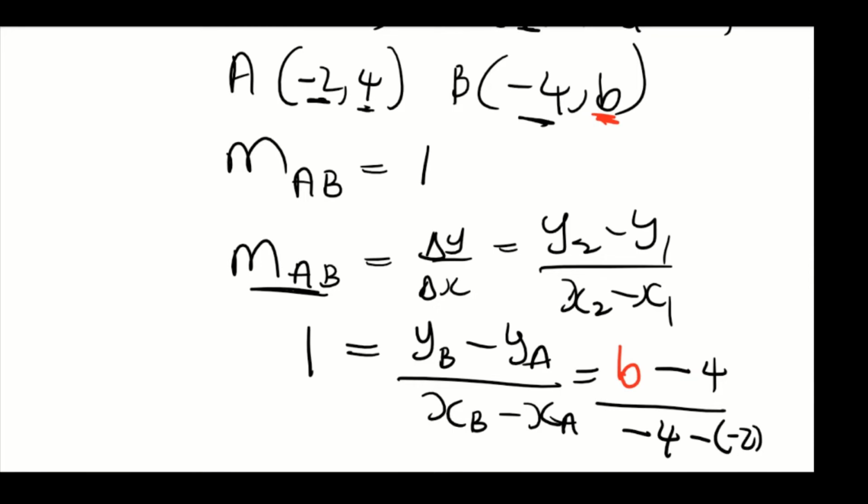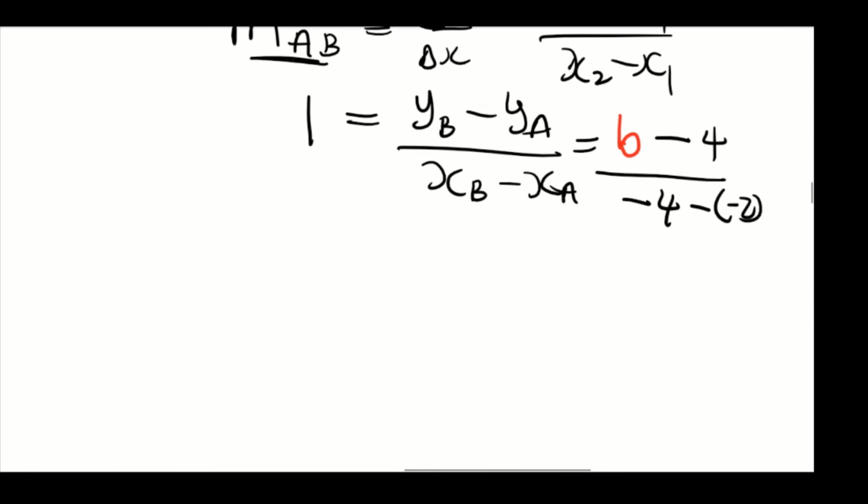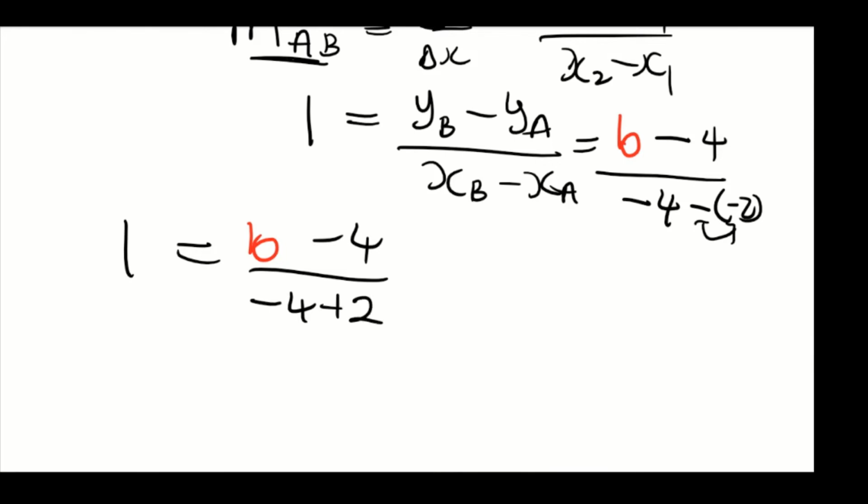So 1 is equal to b minus 4 over -4 minus -2, so this negative and this negative will multiply, and we have plus 2, right? So it's going to be 1 is equal to b minus 4, so 1 is equal to your b value, right?